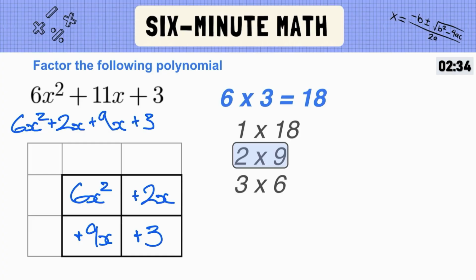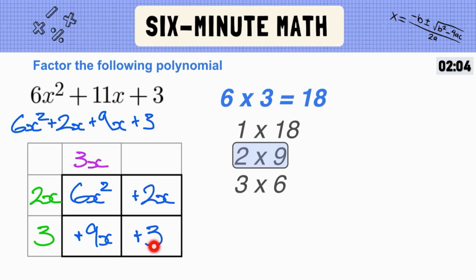I factor each row and column. So I'm going to factor 6x squared and positive 2x. That factors to 2x. I'm going to factor 9x plus 3. My greatest common factor is 3. I'm going to do my columns now. 6x squared plus 9x, my greatest common factor is 3x.